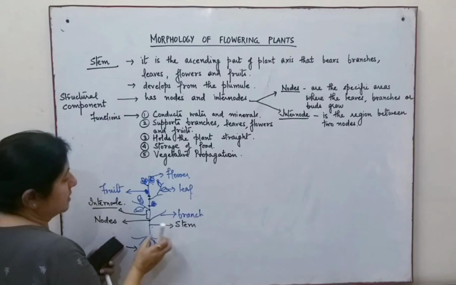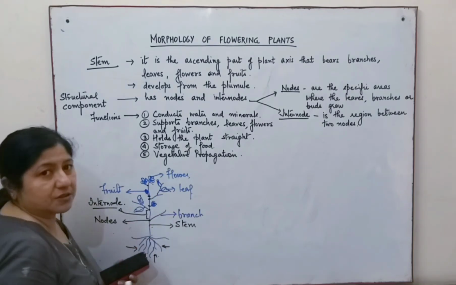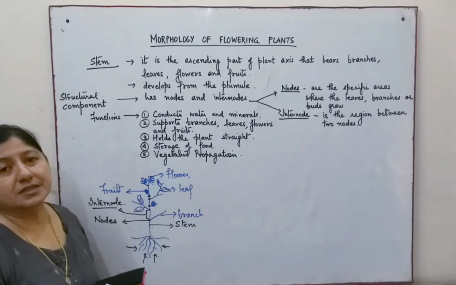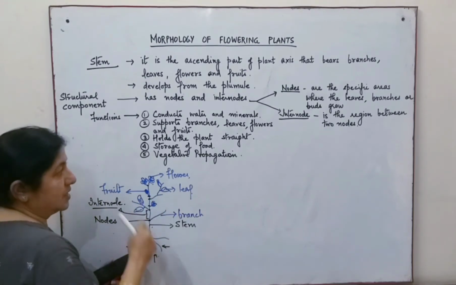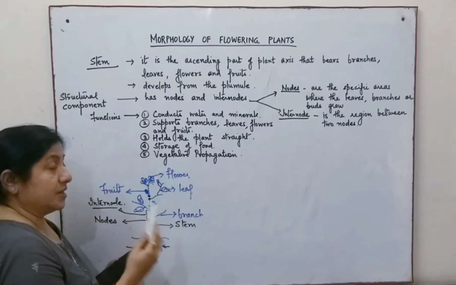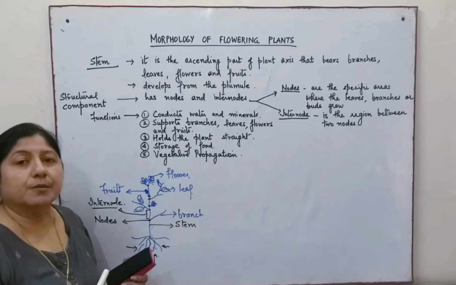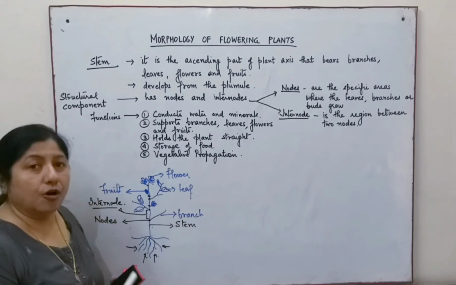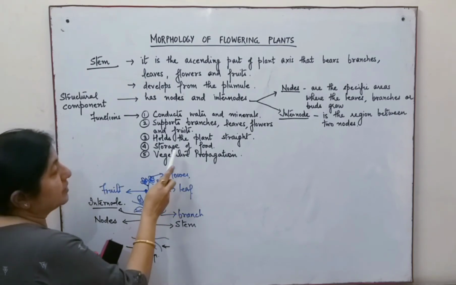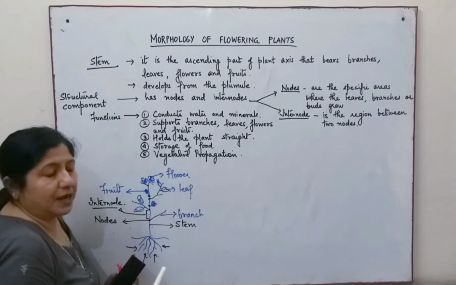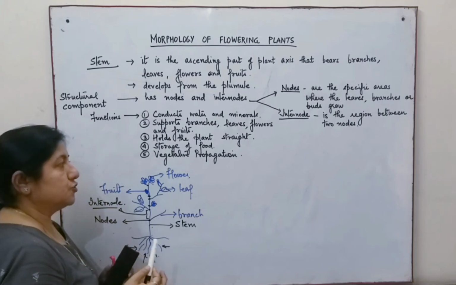It holds the plant straight, because the plant body is erect because of the presence of the stem. In plants in which the stem is not very clearly visible, the plant body is not upright. It is also a site for the storage of food. When we study the modifications of the stem, we will talk about the storage of food, since in certain plants the stem performs this function.